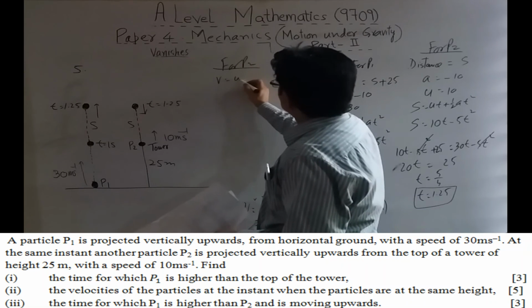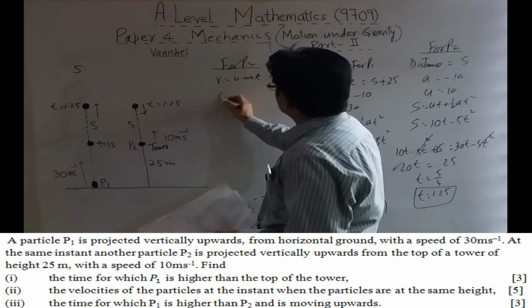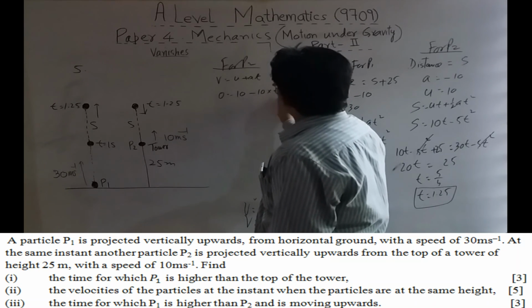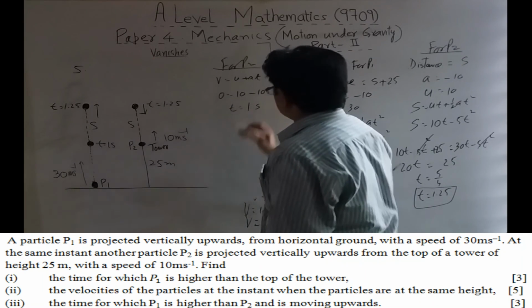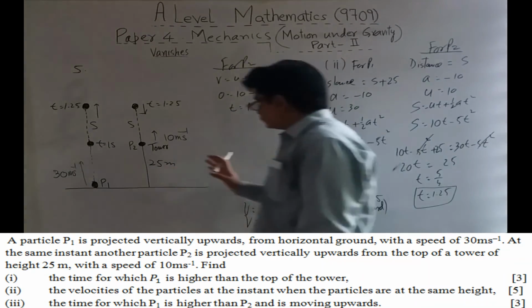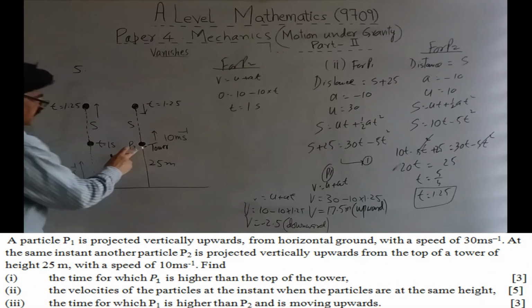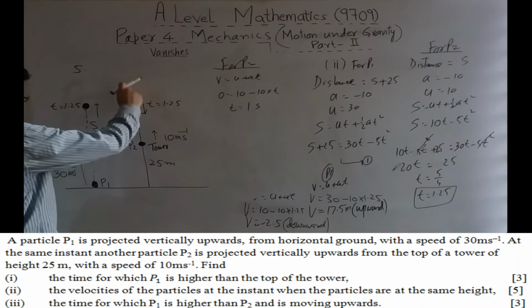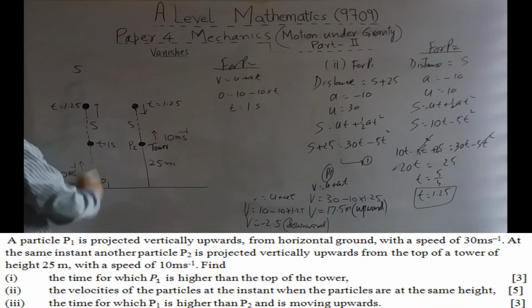For P2, v is equal to u plus at. At the highest point v is 0, u is 10, and minus 10 into t. You can find this time to be 1 second. Very simple step. Now see that the particle P2 reaches the highest point in 1 second.